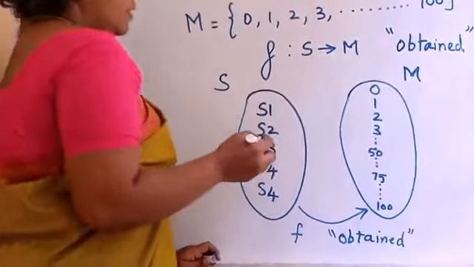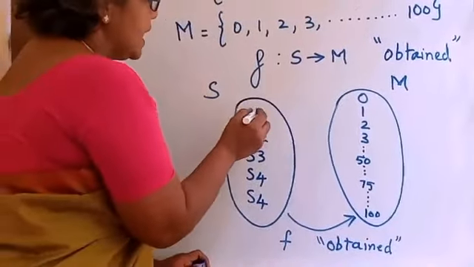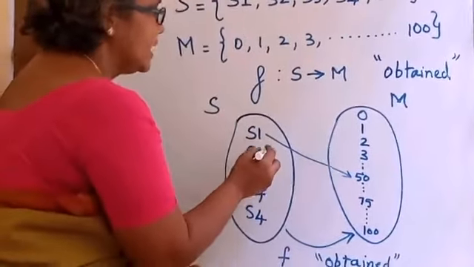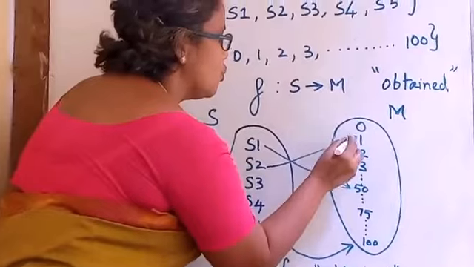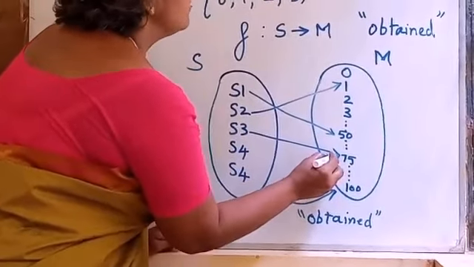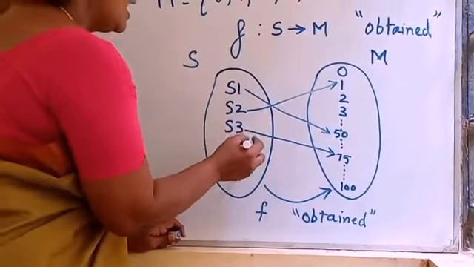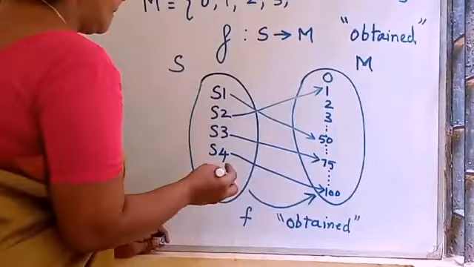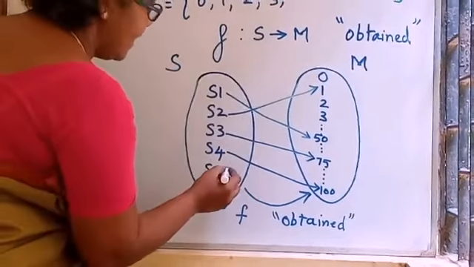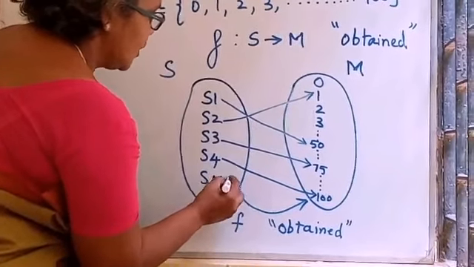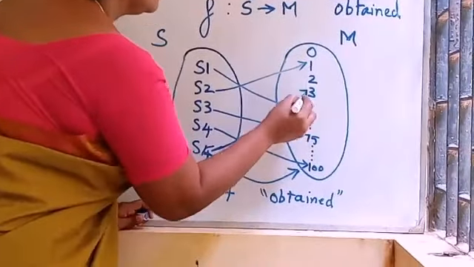For example, let's say S1 has got the score 50. S2 has got a score 1. S3 has got score 75. And S4 has got score 100. And S5 has got score 3.